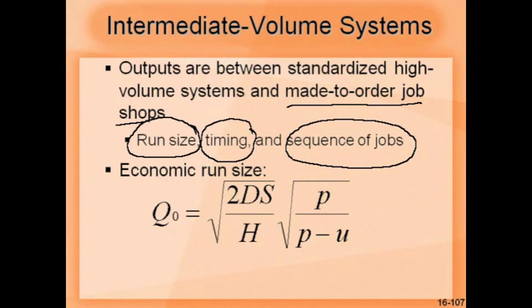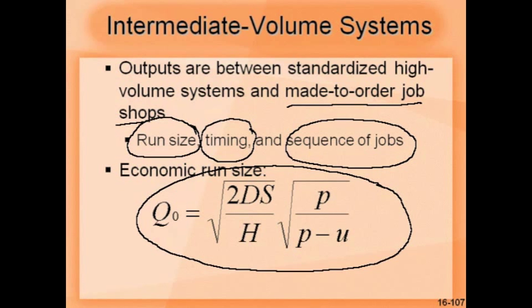All those are very important even for intermediate volume systems. You must have seen this formula earlier, I think in the previous chapter. To arrive at the optimal quantity under these situations, we use this formula. It tries to basically minimize the machine or process setup cost and inventory cost.